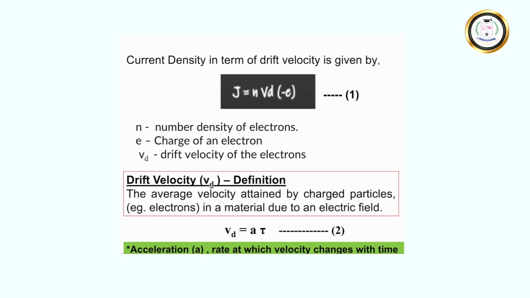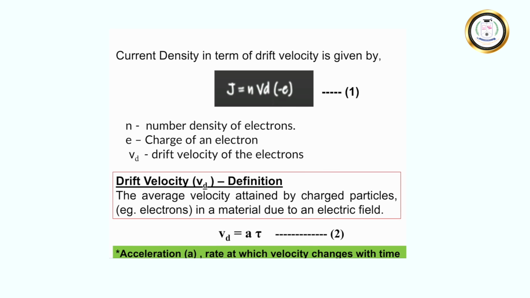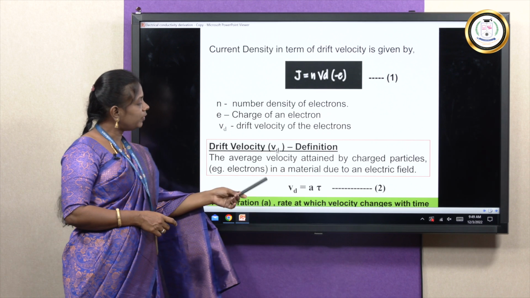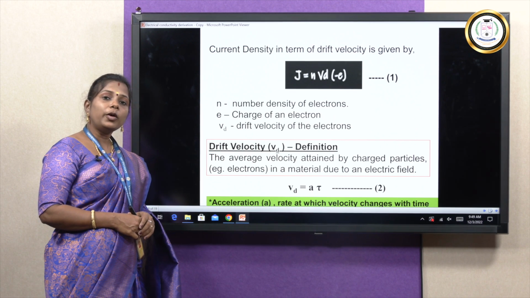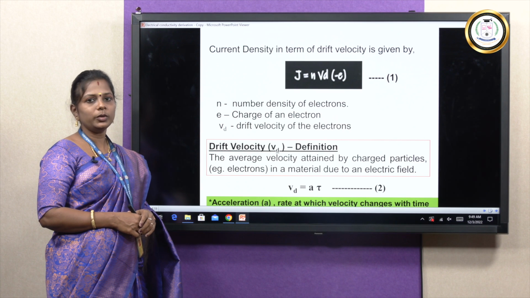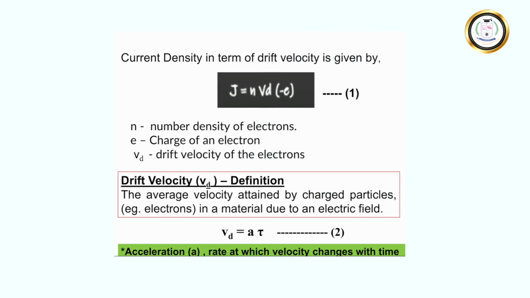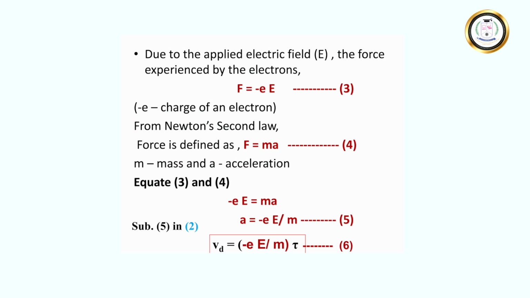As I said, drift velocity is nothing but the average velocity attained by charged particles due to an applied electric field. Drift velocity, we can state as the product of acceleration and time. What is acceleration? Acceleration is the rate of change in velocity per unit time. Now, we consider a rod subjected to an applied electric field.